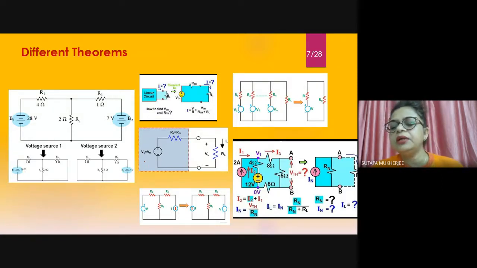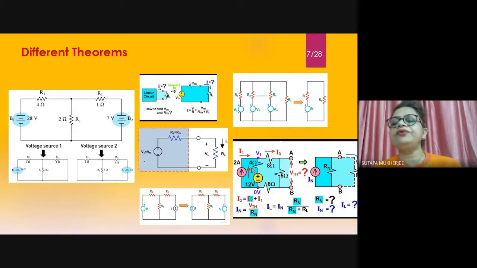In a linear bilateral network containing more than one source, the amount of current passing through any branch of the circuit will be the contribution of each individual source. If there is a current source and a voltage source, first consider the voltage source, then the current source will be open circuited. After that, if you consider the current source, the voltage source will be short circuited.